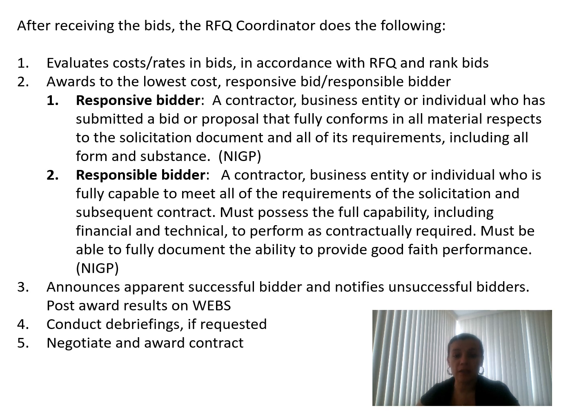A responsive bidder is a contractor, business or individual who has submitted a bid or proposal that fully conforms to the material requirements. A responsible bidder is an entity or individual who is fully capable to meet all the requirements of the solicitation and subsequent contract. Then, after that, the coordinator announces the successful bidder and notifies unsuccessful bidders. This should be a formal communication. Conduct the briefings, requests, and negotiate and award the contract.